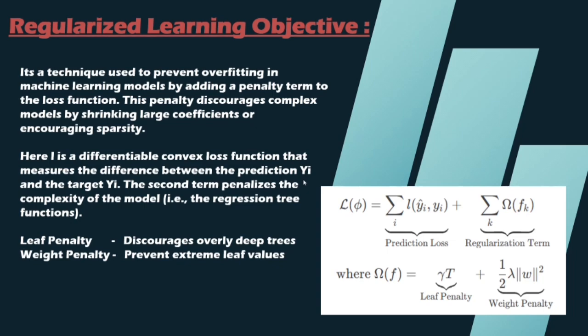The leaf penalty term prevents overfitting and simplifies the model. It adds a penalty term to the loss function that increases with the complexity of the leaf nodes. This discourages the model from creating overly complex structures. The weight term is to prevent overfitting by discouraging models from assigning excessively high weight to a specific feature, leading to a more generalized and robust model.